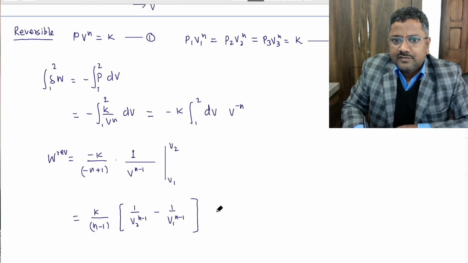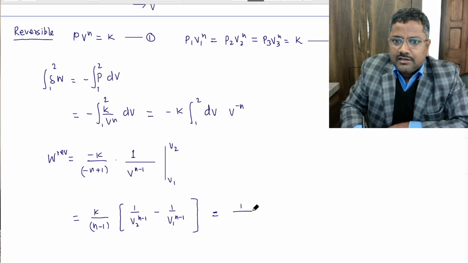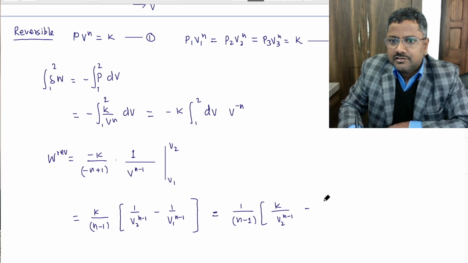So this is equal to 1 by n minus 1 times K by V2 to the power n minus 1 minus K by V1 to the power n minus 1.